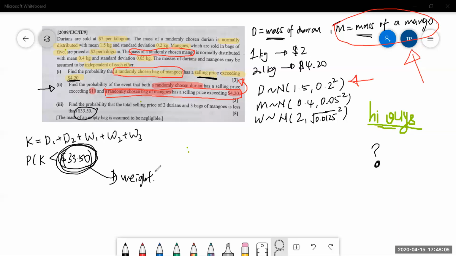The mass of the bag of mangoes, like W1, W2, W3, they're all $4 because they're all 2 kg.